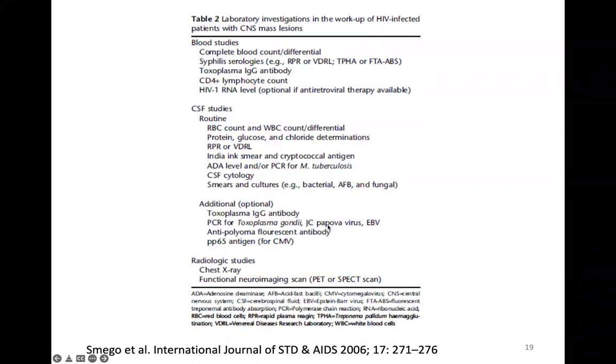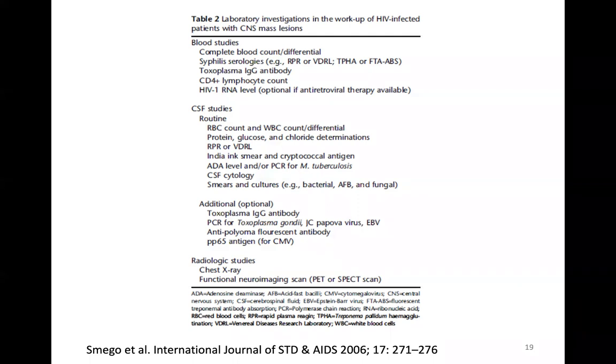If you find JC, Papova virus, then you think of PML, where the white matter is going to be significantly affected. And radiologically, a chest X-ray is quite useful to exclude, especially TB, and then some of the more advanced scans as per the advice really by radiology. So you have to take proper history, you have to examine your patient, you need to know some of the easy tests, your urine LAM for TB, your TB GeneXpert, blood cultures.